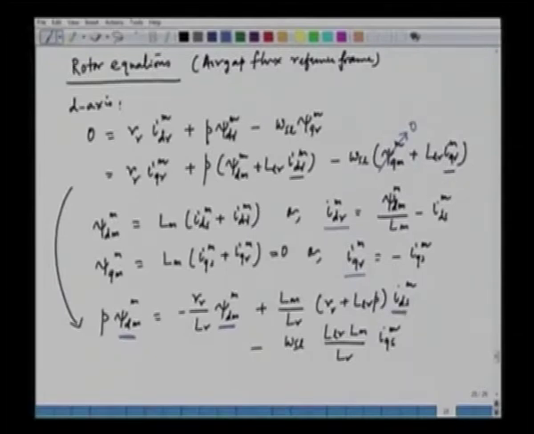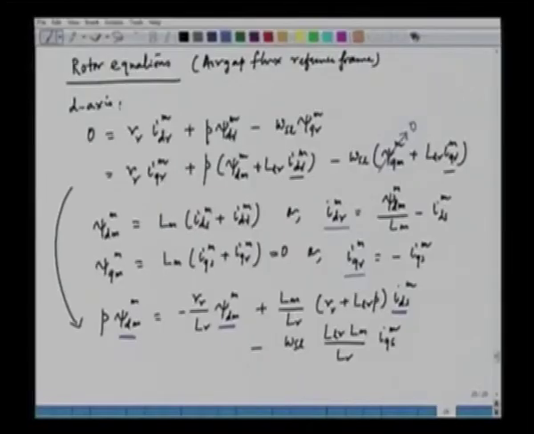So, this shows a coupling between the d and q axis. If we change the torque, that is IQS, the torque component of current, then automatically even if I keep IDS constant, psi dm will be affected.